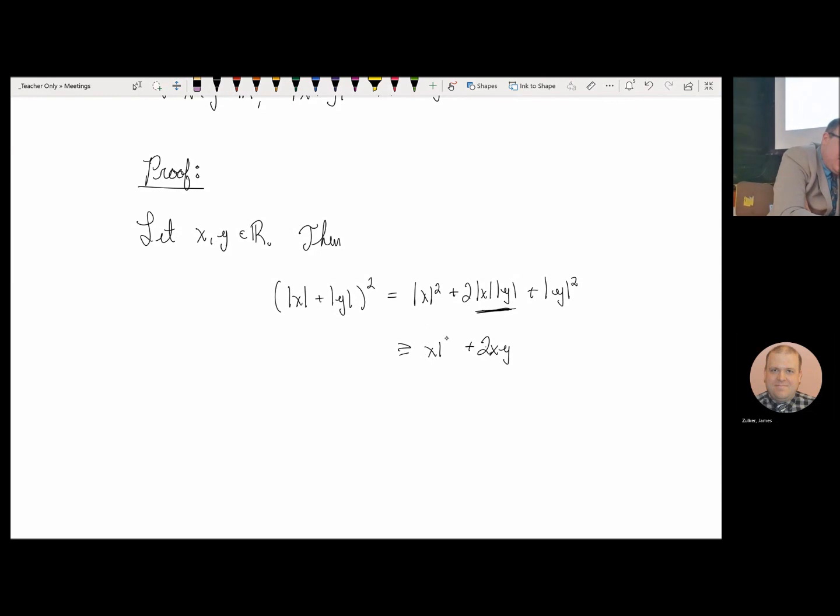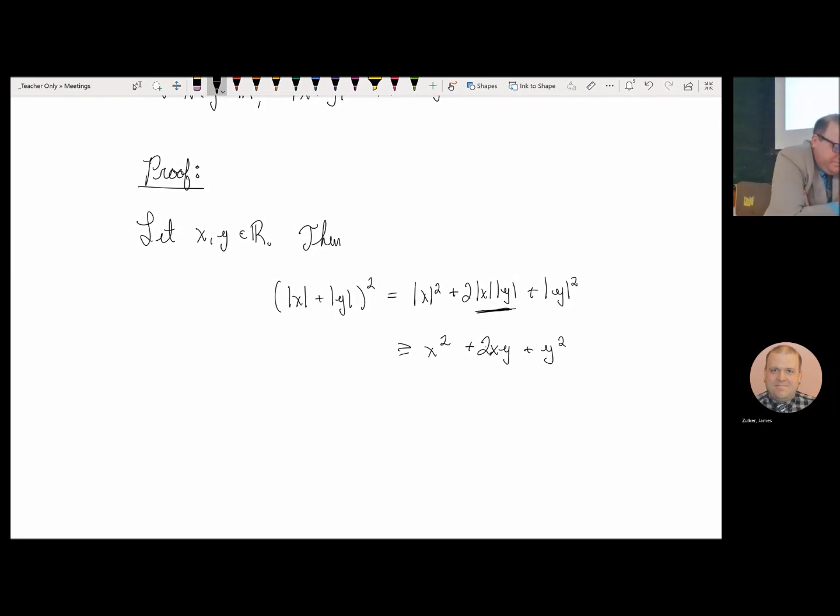And of course, because you're squaring, you can drop the absolute values. Right?